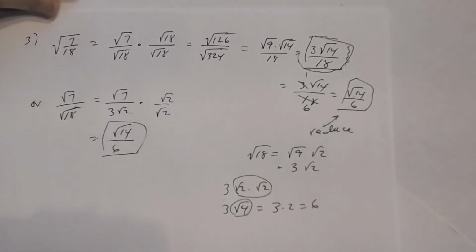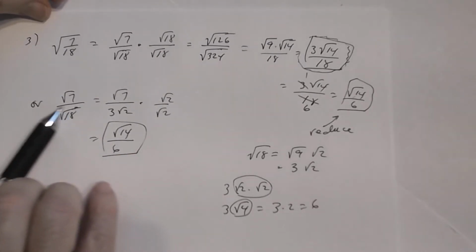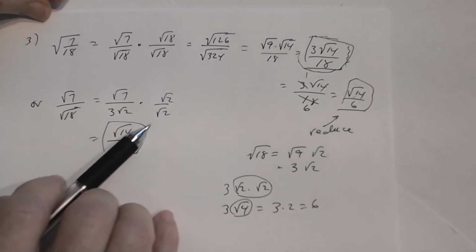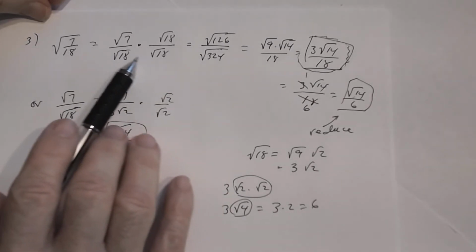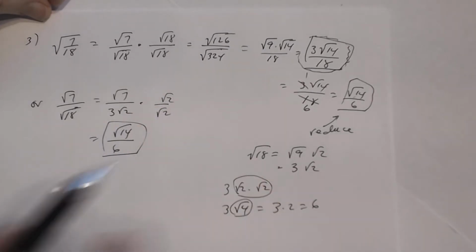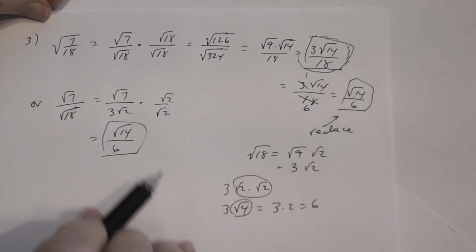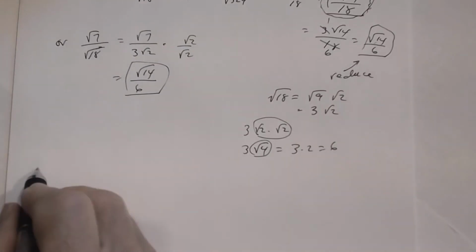So there are two approaches. You can simplify the denominator first before rationalizing, or you can simplify the numerator at some point and then reduce. Here I had to reduce. Here I didn't have to. All right, so let's do number 4.